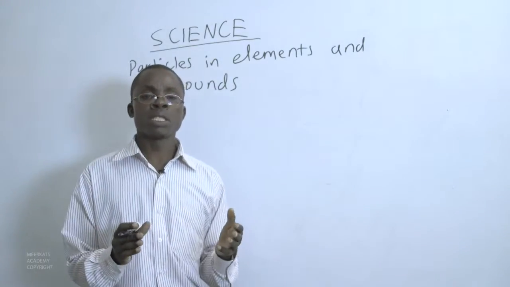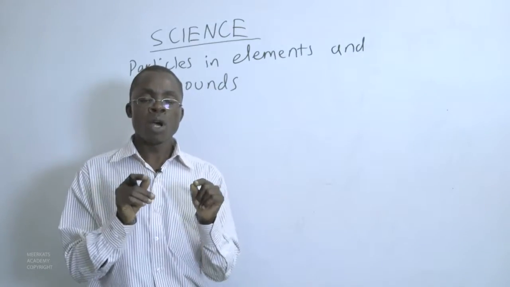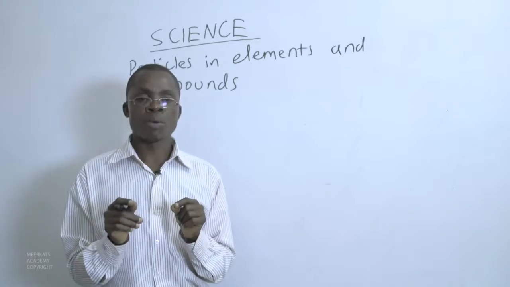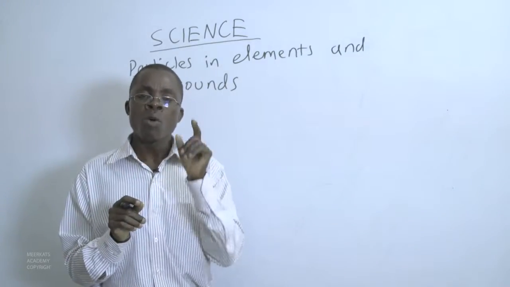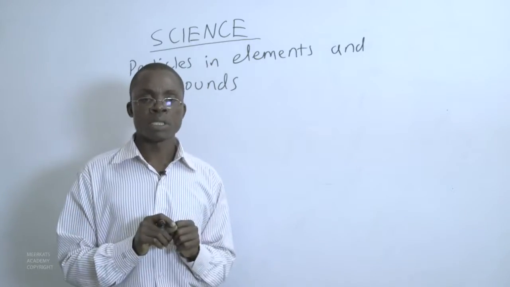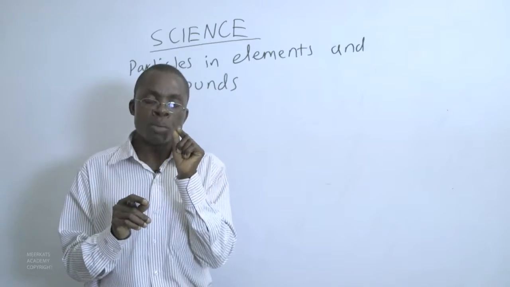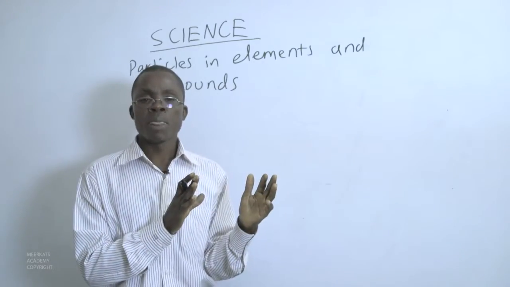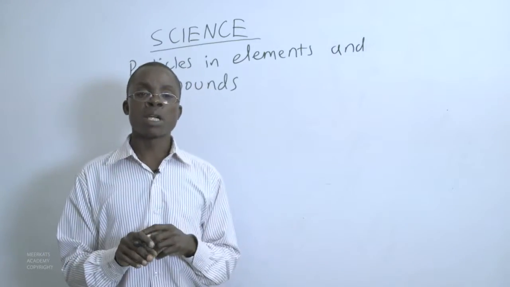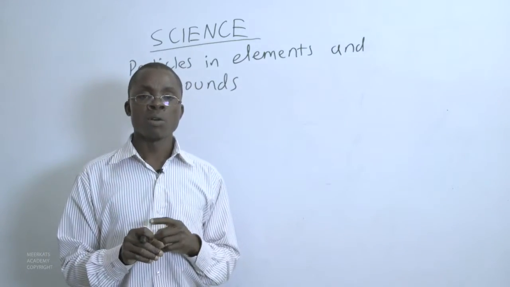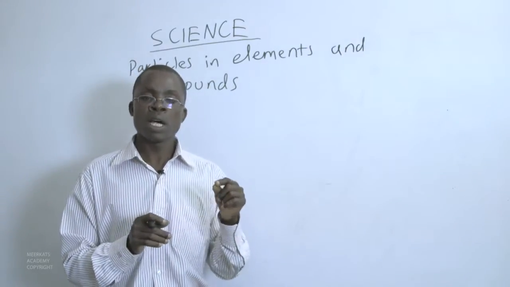A pure substance is an accumulation of small particles of one particular type. The one particular substance here is the smallest particle that is forming that substance, which was also seen by our scientist Democritus, who said matter is made up of small tiny particles called atoms.